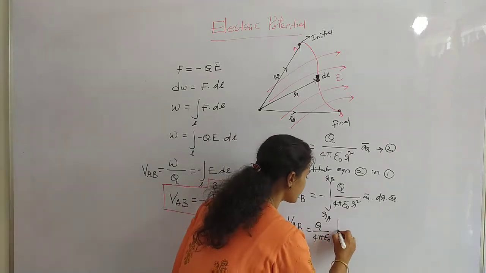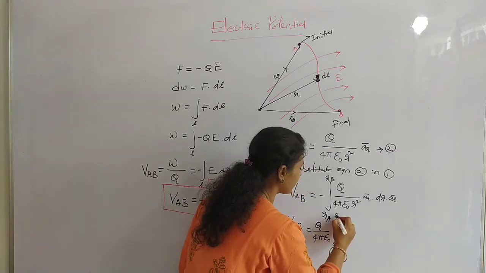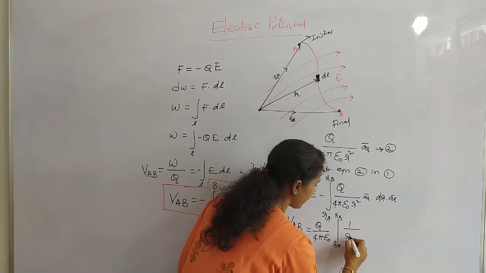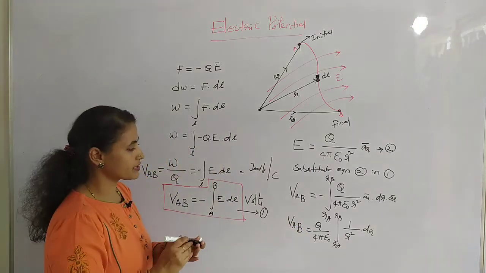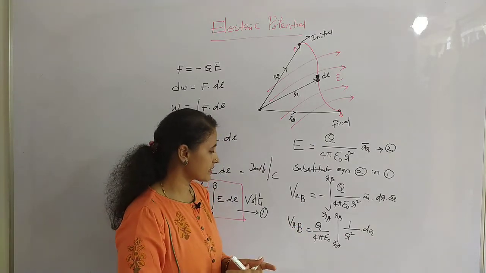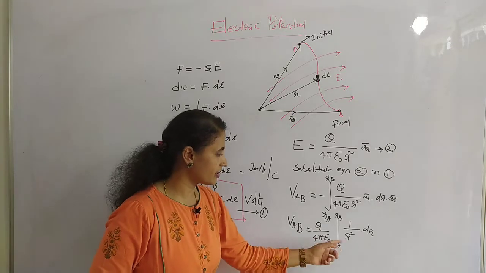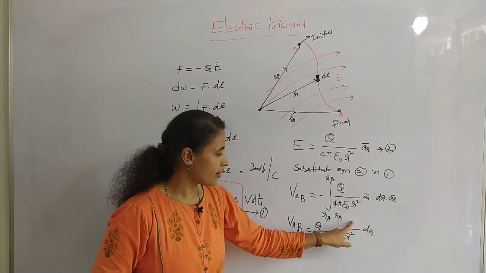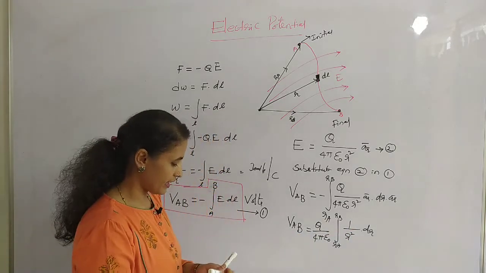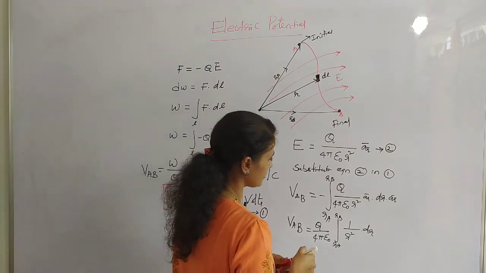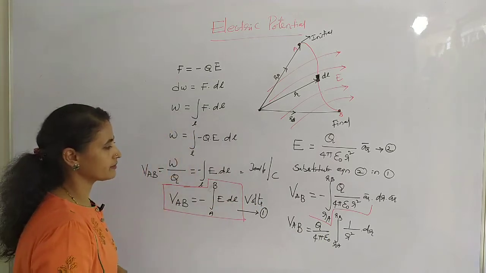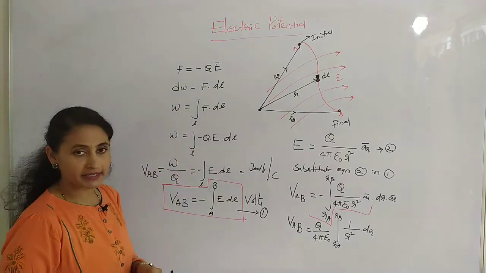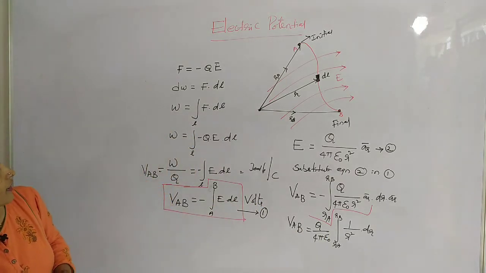So under the integration we are left with only one term, that is 1 by R square into dr. Okay, so what is our VAB? VAB is nothing but Q upon 4 pi epsilon naught under the integration of 1 by R square into dr. Now let us simplify by integrating 1 by R square.